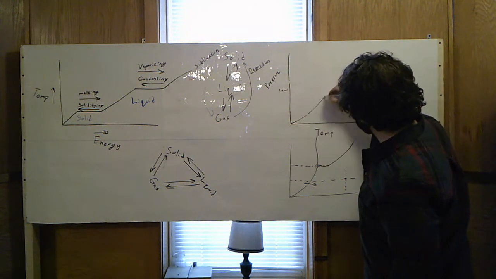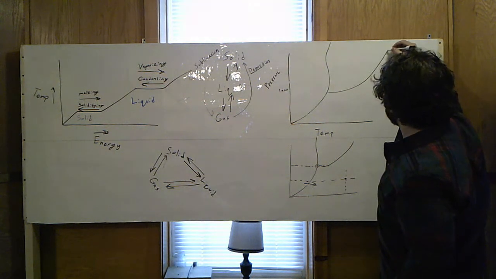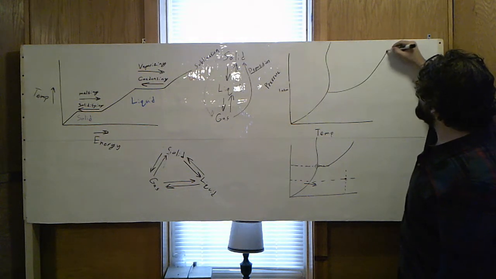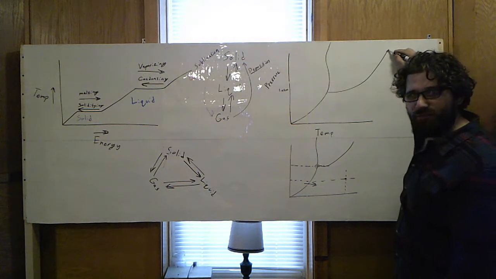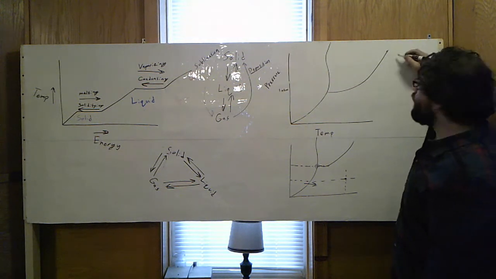So I've got that graph again. Let's go here. Notice this, I stop abruptly. There is a solid point on a phase diagram where this curve stops. This is called the critical point.